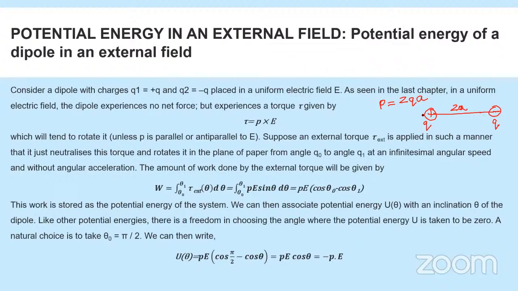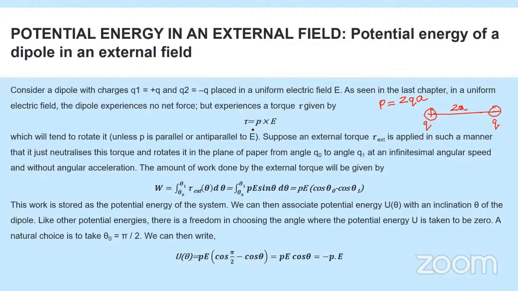As you know, if we keep an electric dipole in a uniform electric field, the dipole is going to experience no net force. There is no net force acting on these charges because they are unlike charges, and so that is why it will experience a torque.